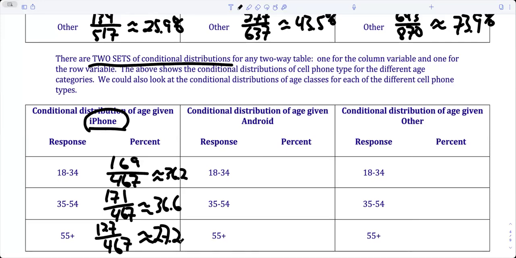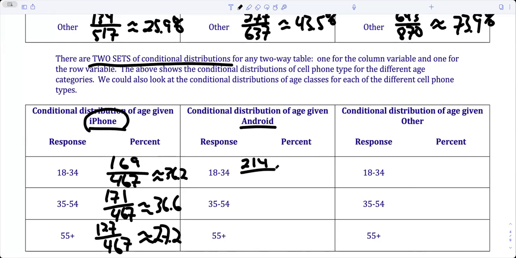So the conditional distribution of age, given the fact that it is an Android. We're just looking at the Android users. How many 18 to 34 users had an Android? Look back at the table. That was 214.